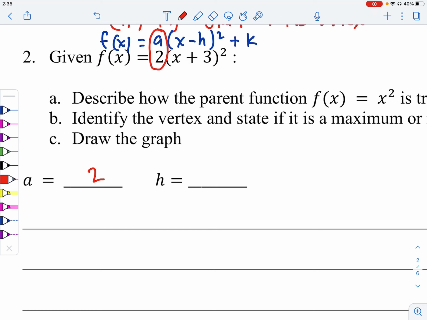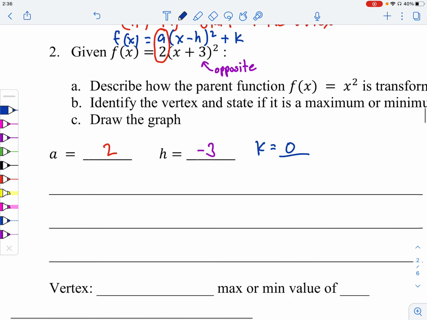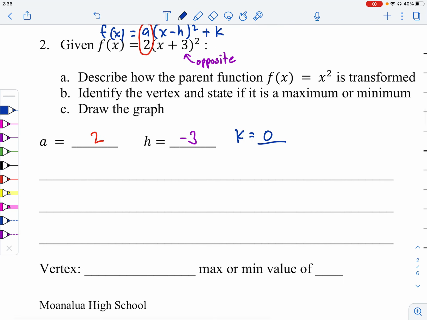Our h value, in here it looks positive 3, but we take the opposite, so it's negative 3. So we have our a, h, and k, and can start filling in our information.